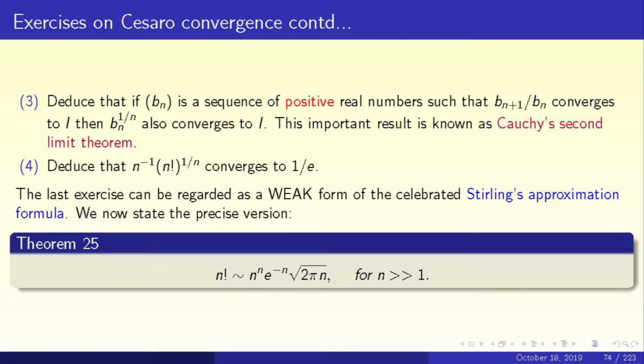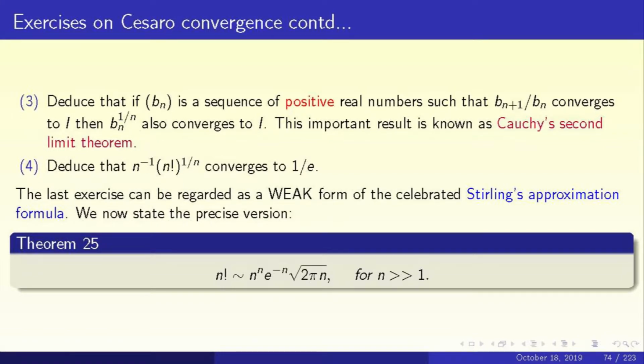Why does this happen? This happens because of this phenomenon, that is, if Bn plus 1 by Bn converges to L, then the nth root of Bn also converges to L. This important result is called Cauchy's second limit theorem.